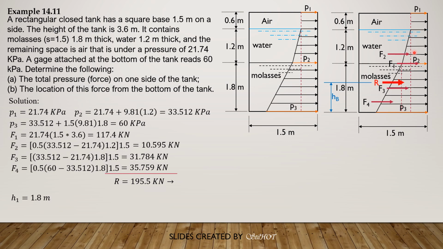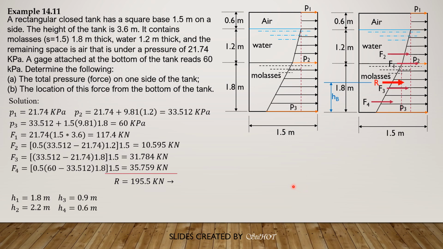H2, the location of F2, is 1.8 plus one third of 1.2, which is 0.4. So 1.8 plus 0.4, 2.2 meters. The location of F3 is, this is a rectangle, so half of 1.8, 0.9. And H4, the location of F4 from the bottom, is one third of 1.8, so 0.6.